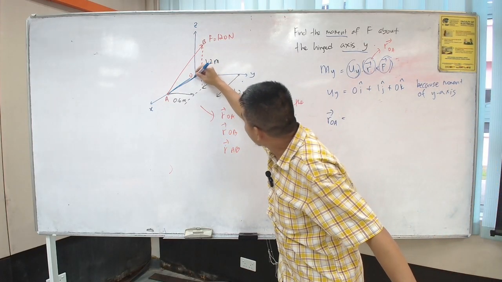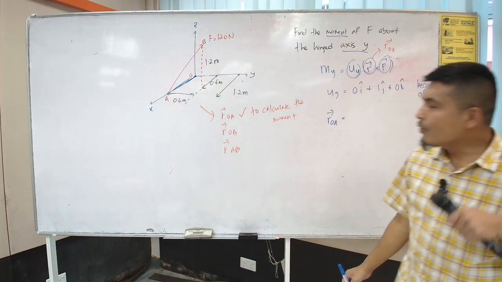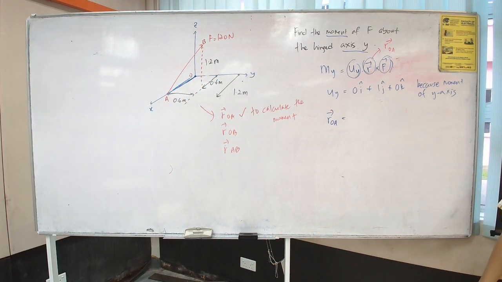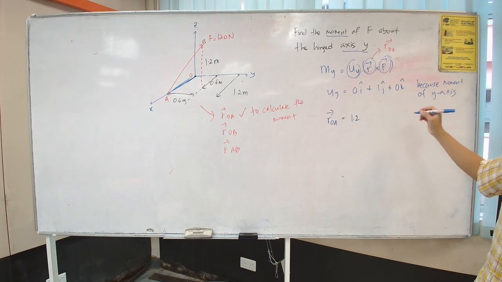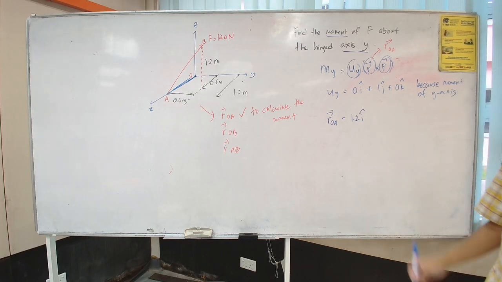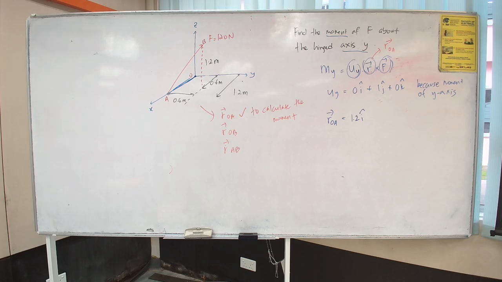From O to A. So what is your ROA vector? 1.2, 1.2 I. Positive or negative? Okay, this is your ROA. That's all.